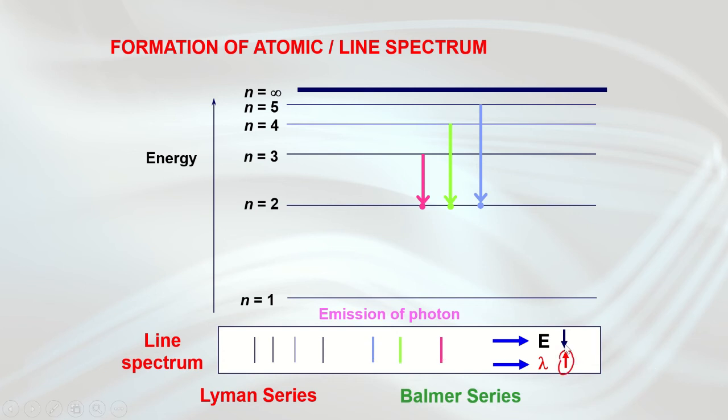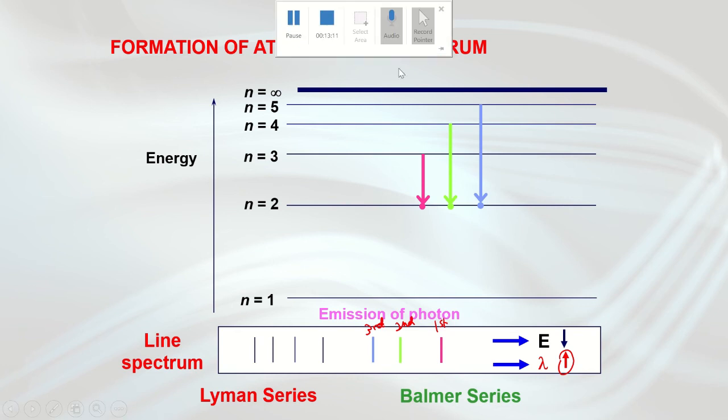So energy decreases. So that means this is the third line. This is the second. This is the first line. So the third line is from the fifth energy level to the second energy level. So we need to be able to determine this.